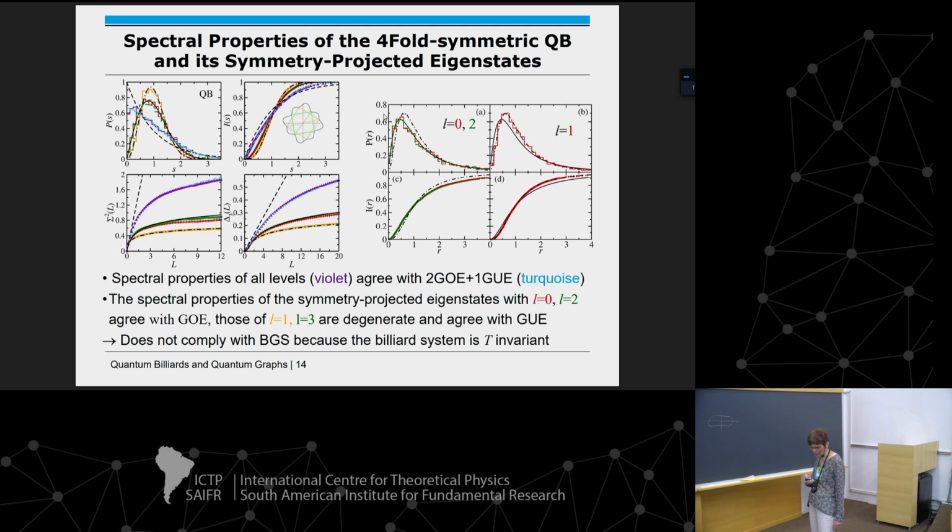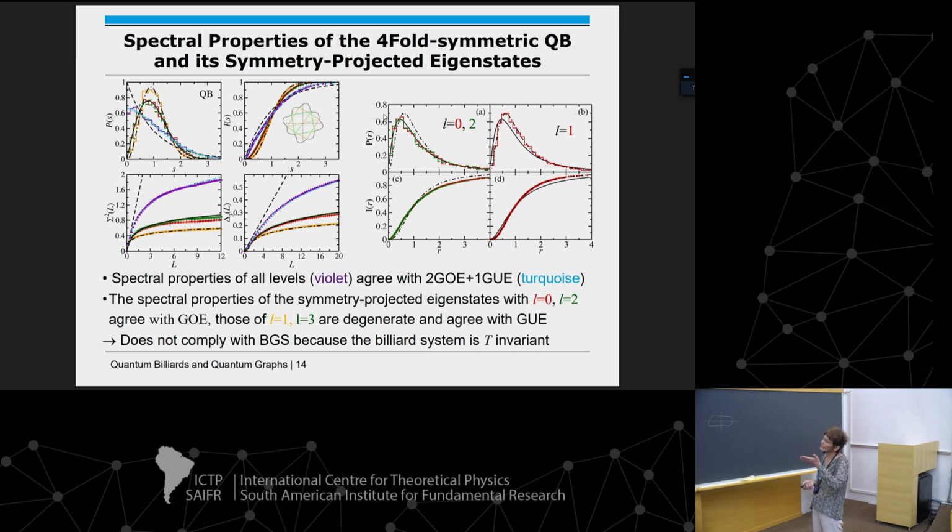At that time it was quite exciting, and now one knows that this has to do with the separation into symmetries, because you will also have complex wave functions. When you use a combination of these complex wave functions, which you can do because you have a degeneracy, you also get real wave functions. So it's no contradiction to Bohigas, Giannoni, and Schmidt, and can be explained by symmetries.